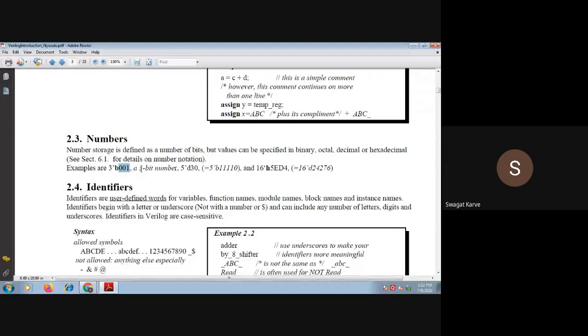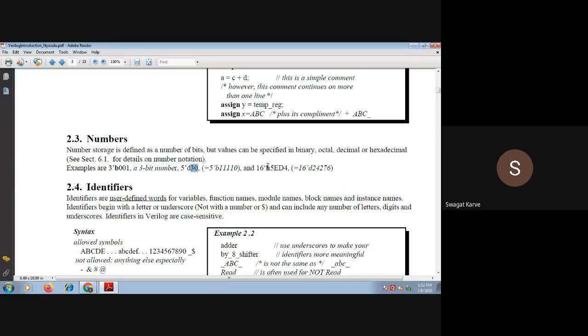That means it's a 3-bit number, and those bits are 0, 1, 1. Similarly, for decimal you can write 5, apostrophe D, D for decimal, and then the decimal number, that is 30.